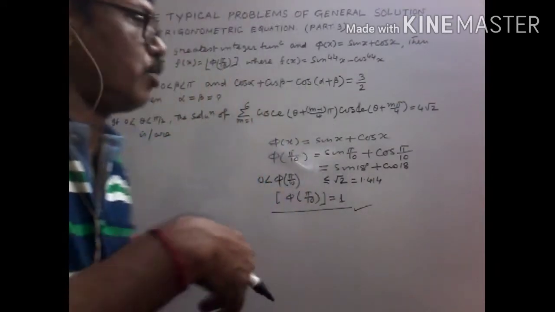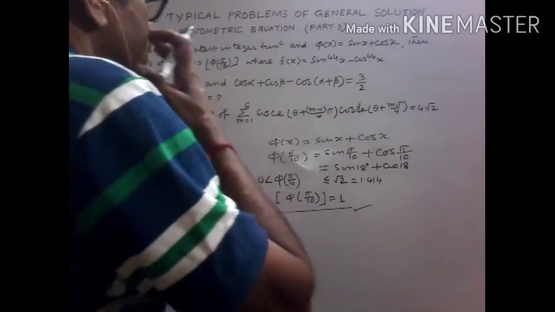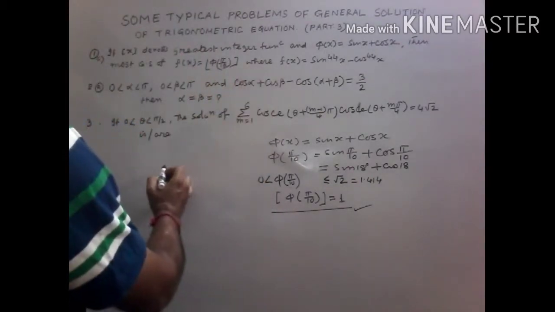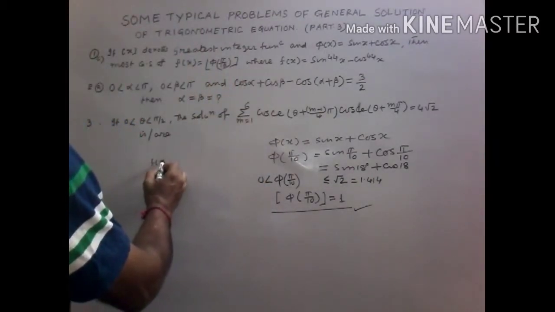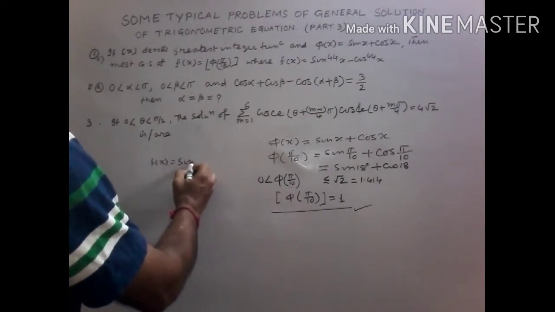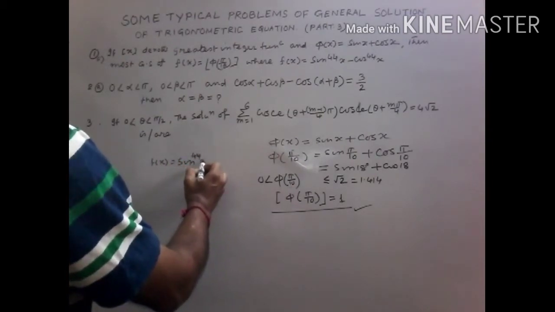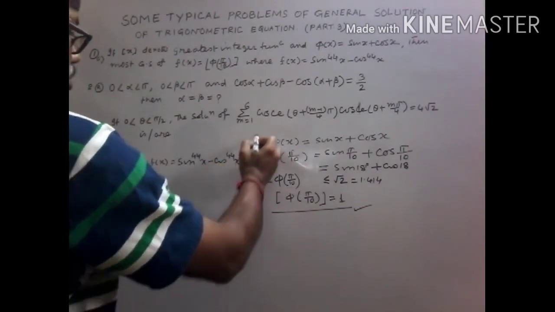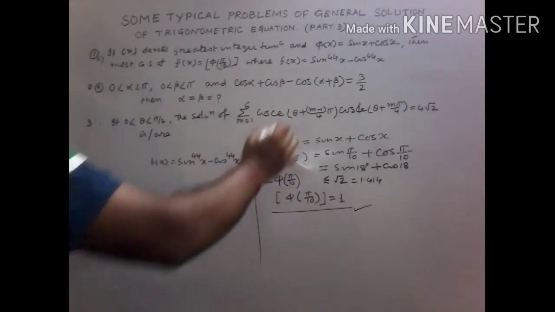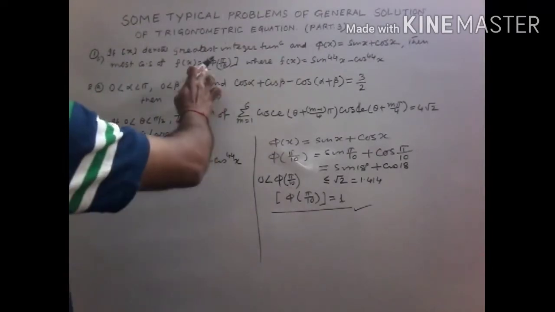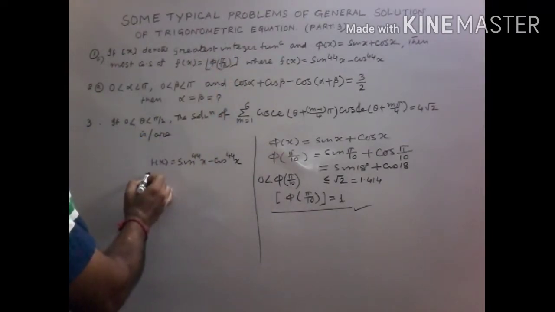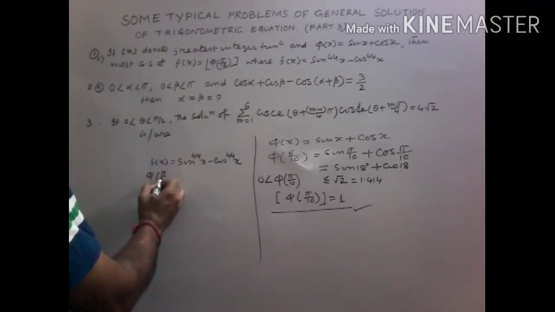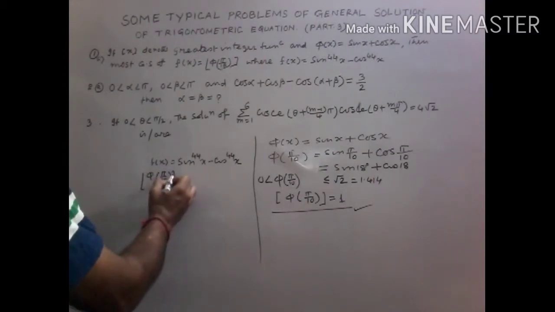Now what is our equation? Our equation is f(x) equals sin to the power 44x minus cos to the power 44x. So f(x) equals [phi(pi/10)], the greatest integer.